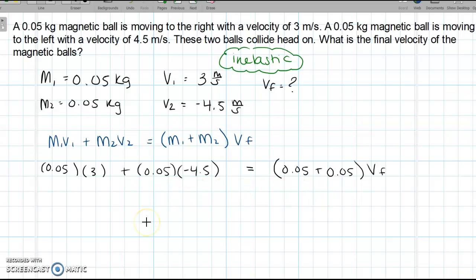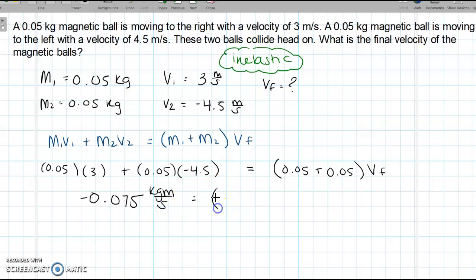All right, so let's do the math, break out those calculators. So 0.05 times 3, and then 0.05 times negative 4.5. So if we added those two together, we're going to get a final momentum of negative 0.75 kilogram meters per second.